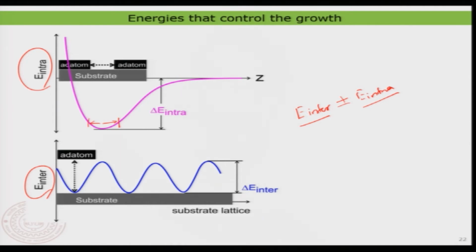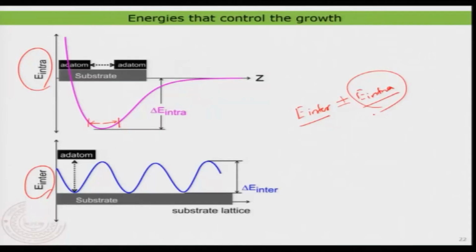Depending on the direction of the movement, this E intra would be either positive or negative, and that is why it contributes positively or sometimes negatively to the adsorption energy. You will see that in greater detail in the next slide.